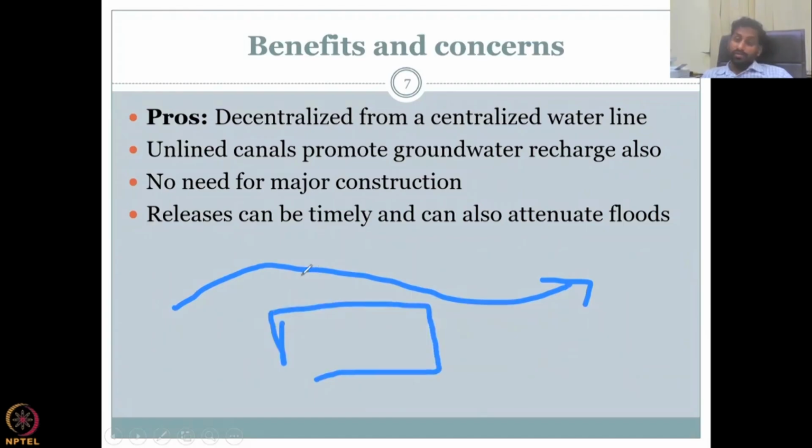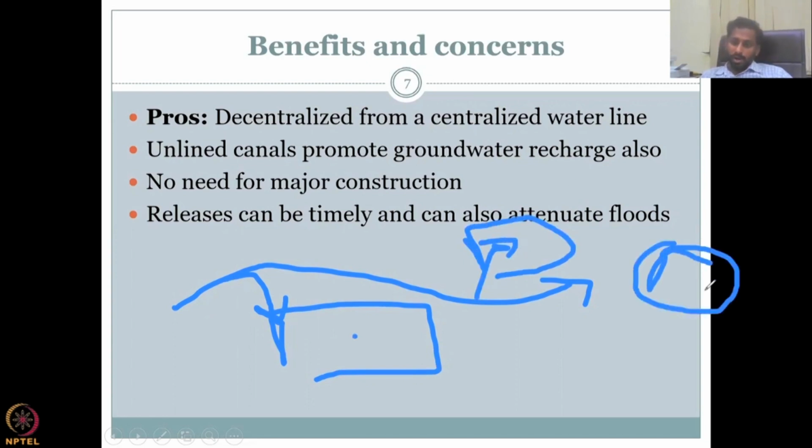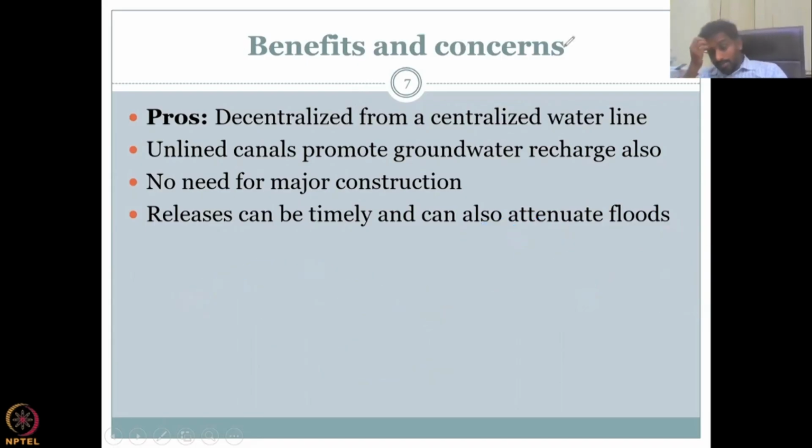If there's a big flood, then what you can do is you put a diversion of water into it, and then a diversion of water here. So then what happens is this population of houses and then cities can be less affected by flood because you have upstream taken part of the flood and kept in the recharge basin. Okay, so it can be timely. It can help a lot in attenuation of floods.